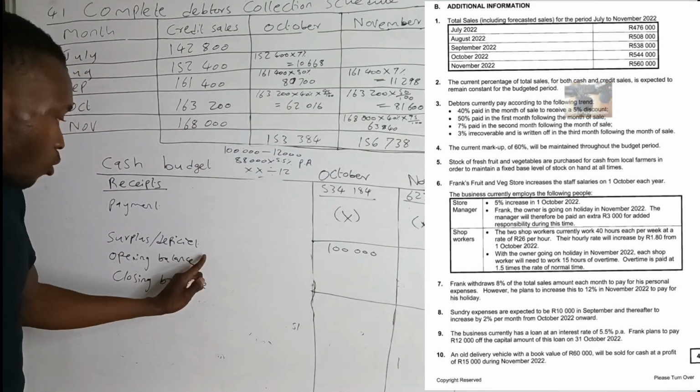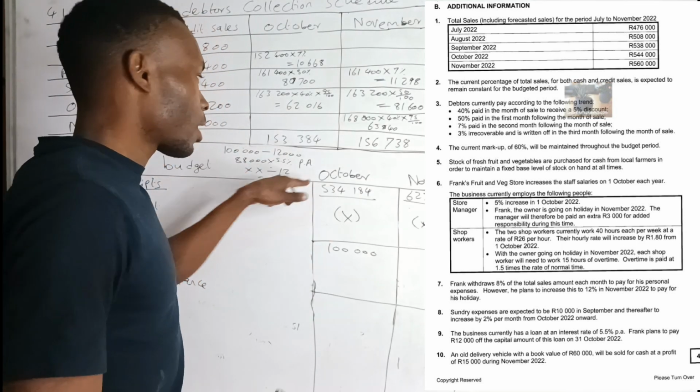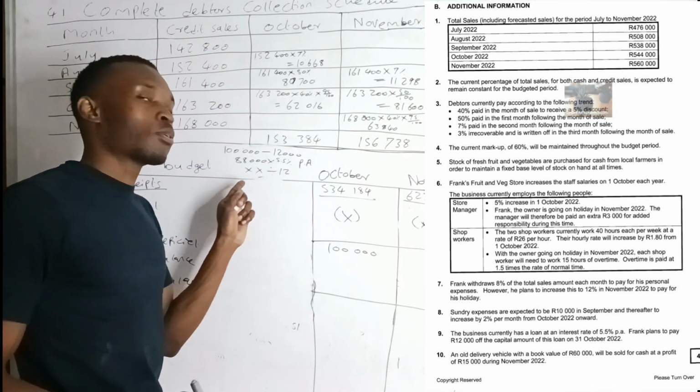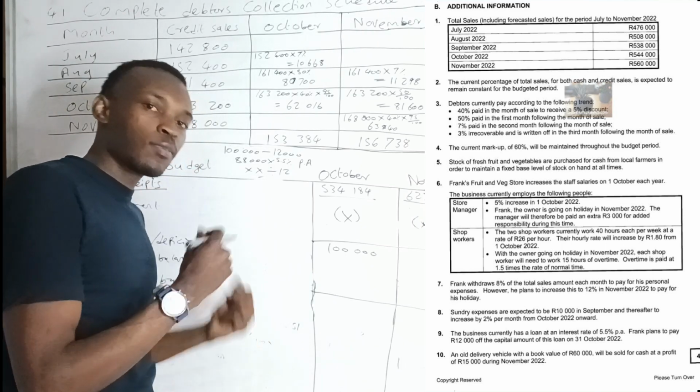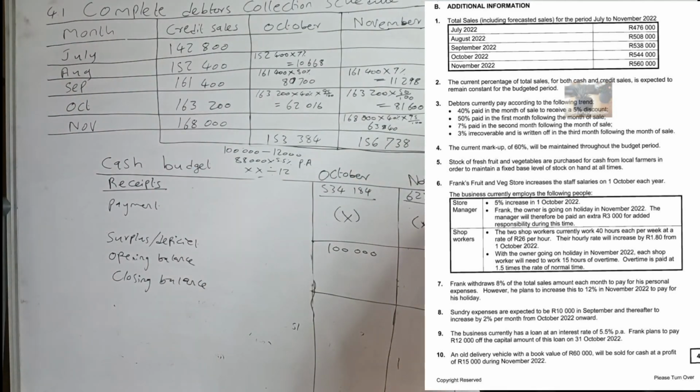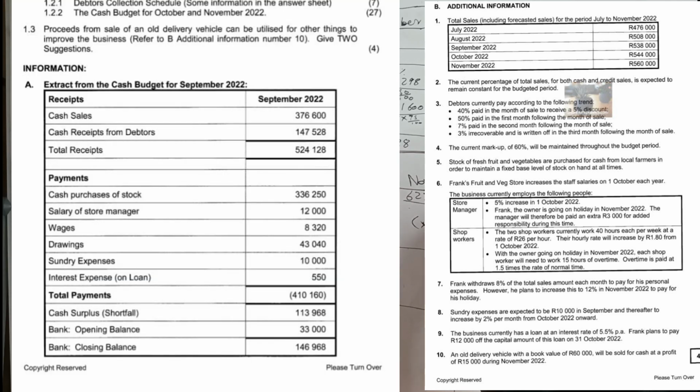Now let's come to the issue of opening balance. How are you going to get it? You check the closing balance of the previous month, because the closing of the last month is opening for this month. We check on September. Closing balance for September, it was 146,968.